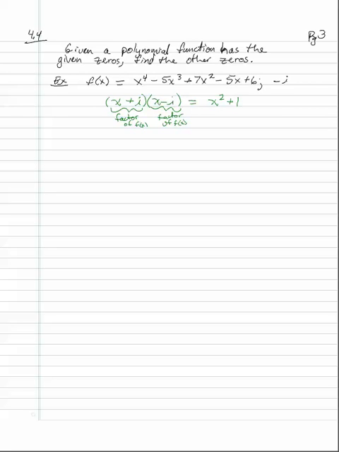And if I multiply those together, that's also a factor. So what I'm going to do is take long division, x to the 4th minus 5x cubed plus 7x squared minus 5x plus 6. Divide out x squared plus 1.